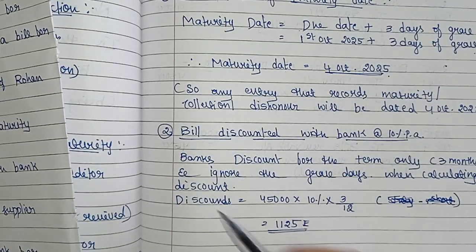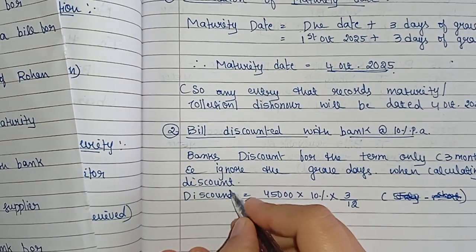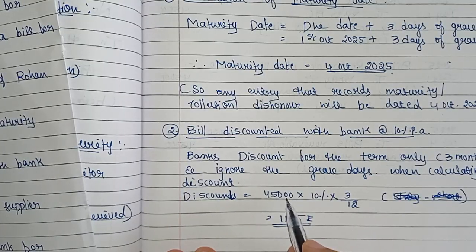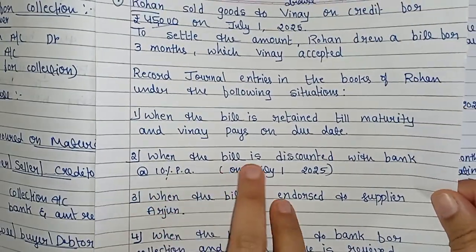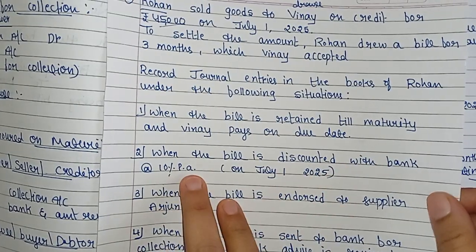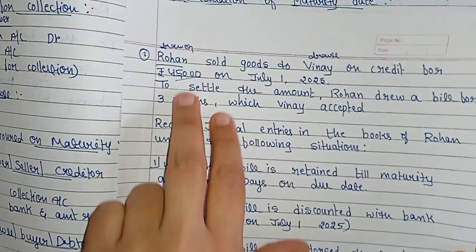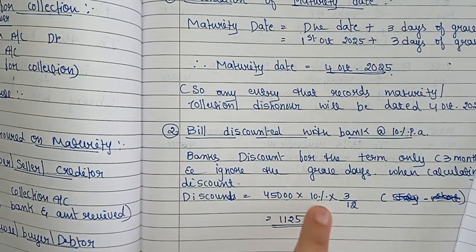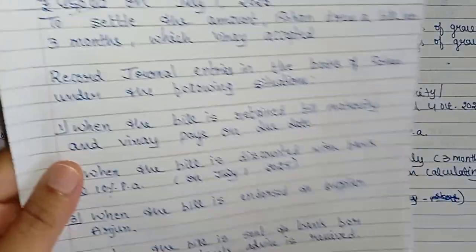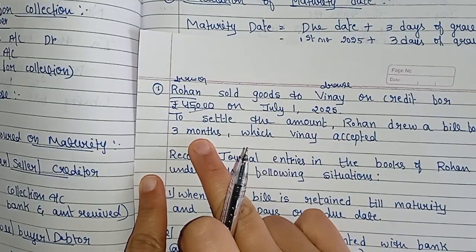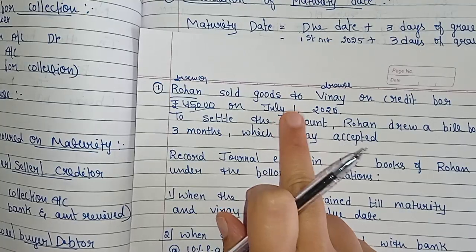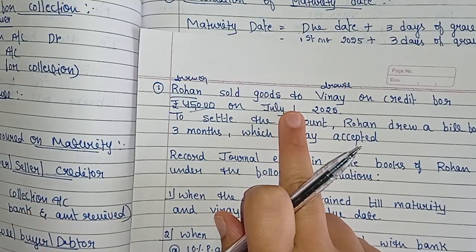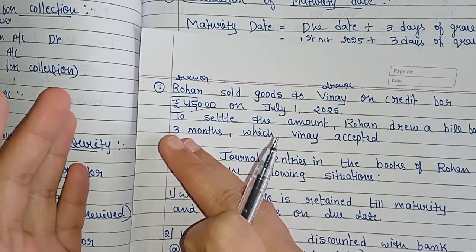So when calculating the discount, how will we calculate? 45,000, that is our amount, into 10% charged by the bank, and the time limit to pay the amount is 3 months. Right? But Rohan wants it on July 1st itself. So he needs the amount before 3 months.